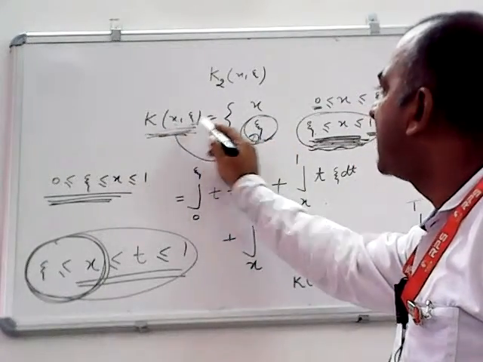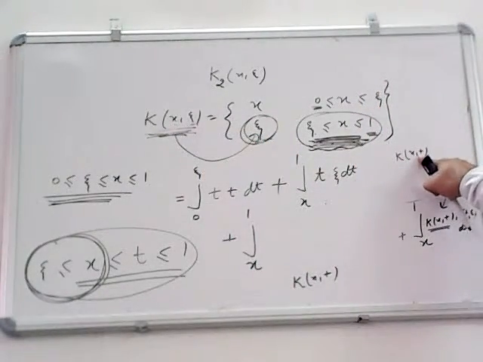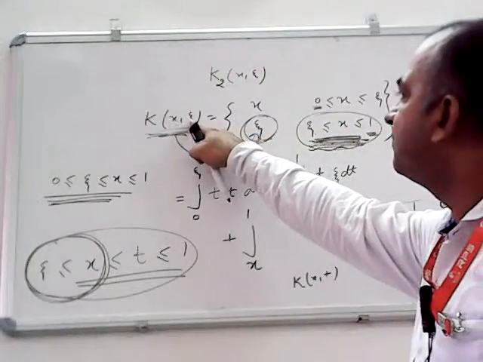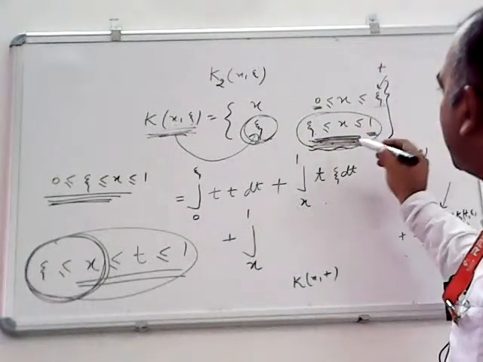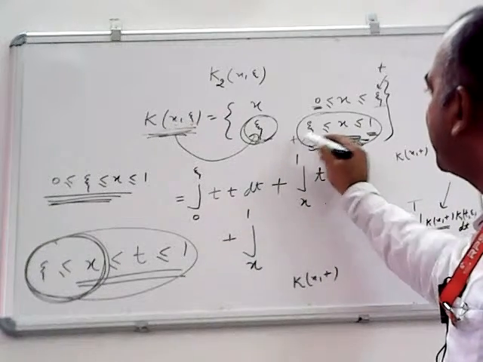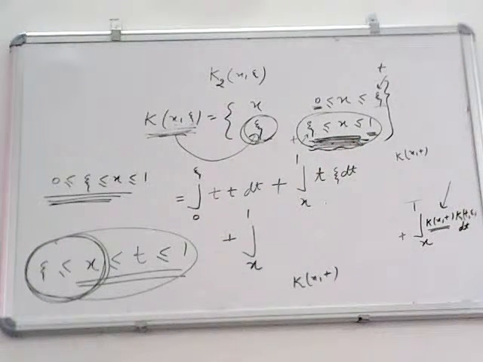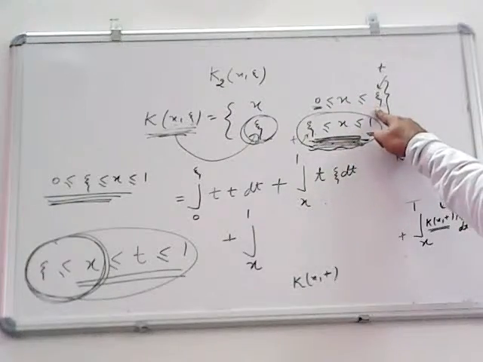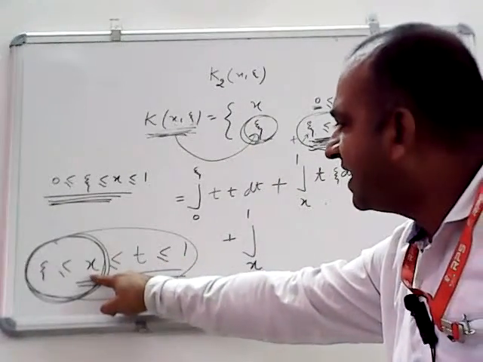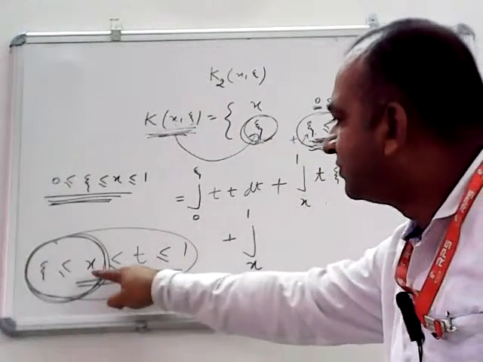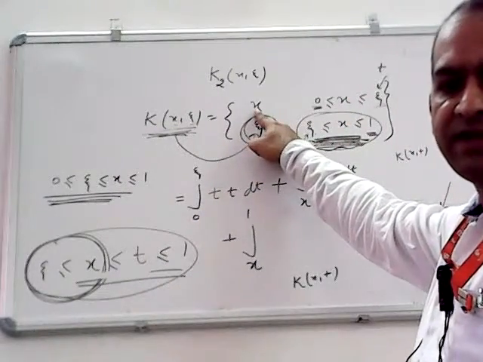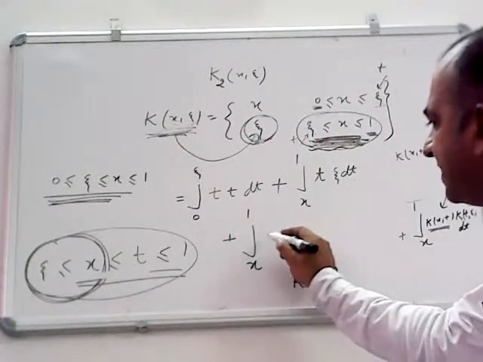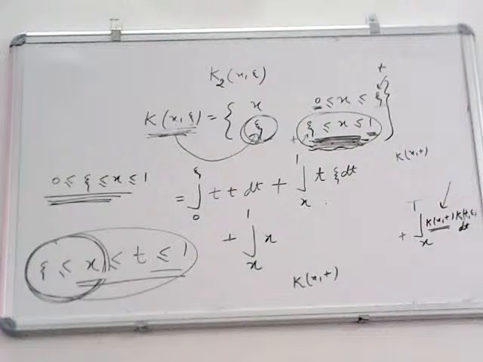So in place of xi we have used t. So in place of xi, if we have t, so at this place we will have t, and at this place we will have t in the third integral. So you can see that x is less than or equal to t. So this is the case. So our value will be x. So at this place we will have x.